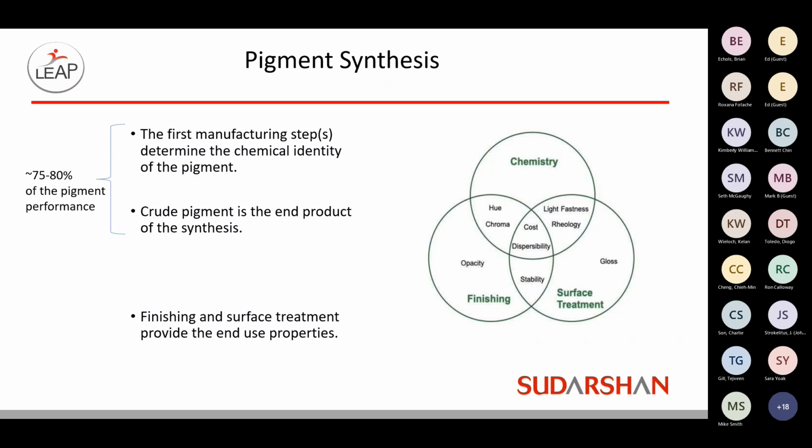In reality, the finishing and surface treatment that we employ onto each product really just alters or moves the pigment performance in one direction or another. However, we can move a pigment from a not-good application to an okay application just by manipulating what finishing and surface treatments we use in that particular pigment.